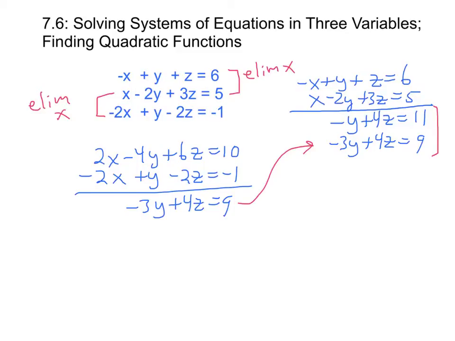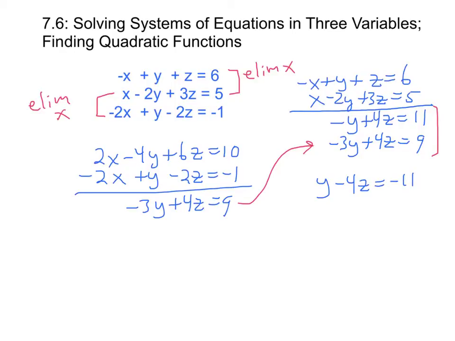And we want to try to get opposites. And the easiest variable to get opposites would be the z's, because you already have a 4z and another 4z. Now right now they're both positive. We want one of them to be negative. So let's multiply the top equation by negative 1. That would be y minus 4z equals negative 11.